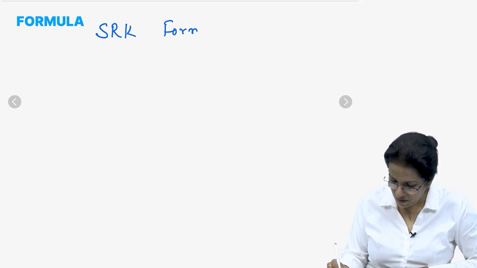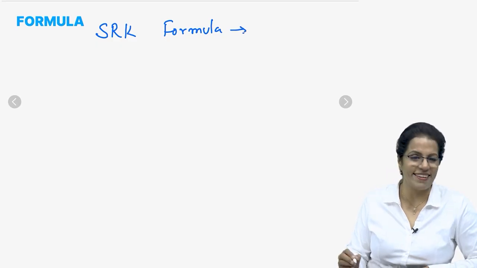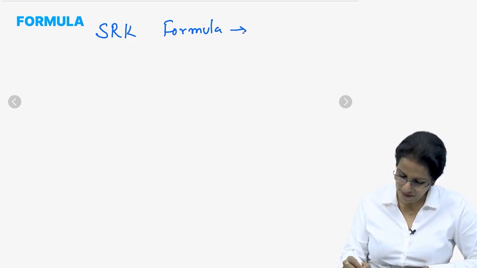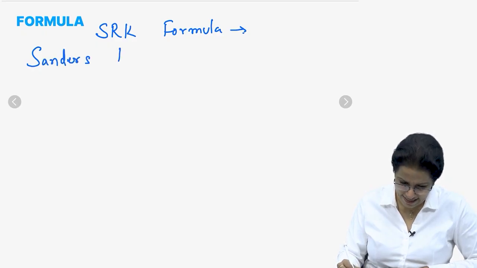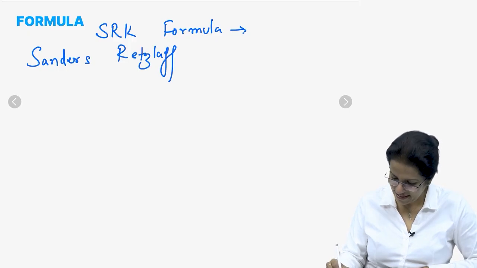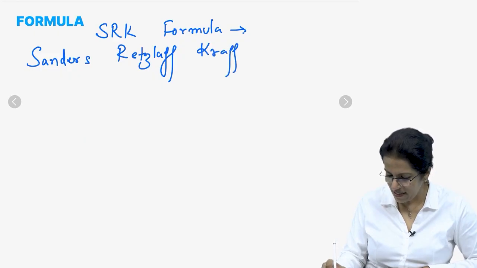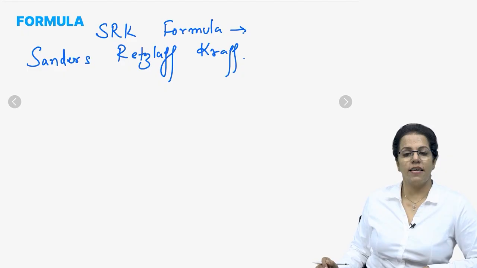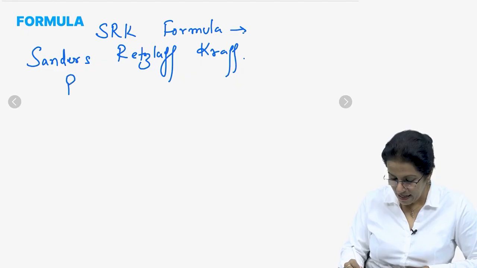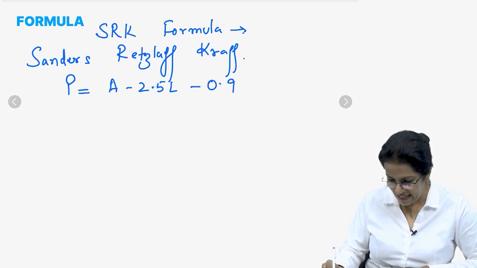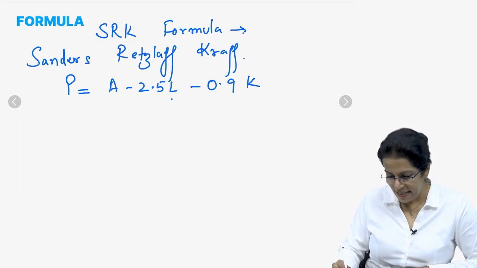Now, SRK, of course, easy to learn if you learn it as Shah Rukh Khan. But what is the full form? Just know it. They may not ask you, just for knowing. It is Sanders-Retzlaff-Kraff. So these three names. This is the formula which says, I have mentioned in the congenital cataract part as well, that any power that you calculate is A minus 2.5 L minus 0.9 K. L is the axial length.